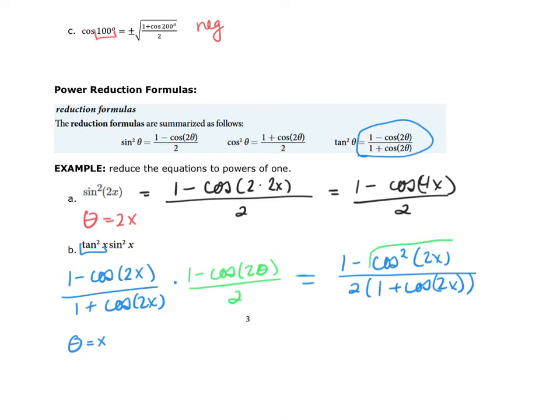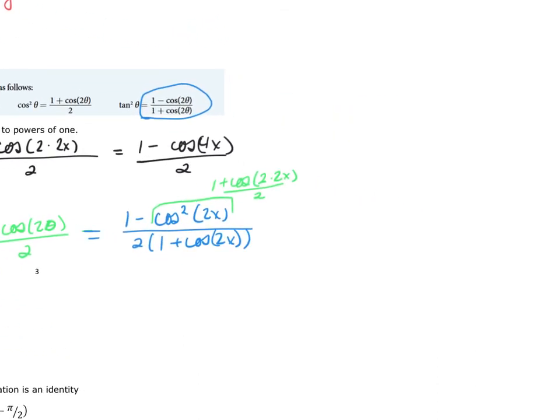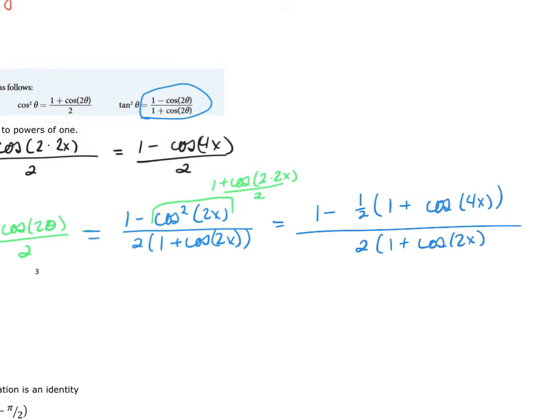So just this one piece needs to be replaced with 1 plus the cosine of twice my angle, so 2 times 2x, all divided by 2. So where we are now is 1 minus 1/2 times 1 plus the cosine of 4x, all divided by 2 times 1 plus the cosine of 2x.